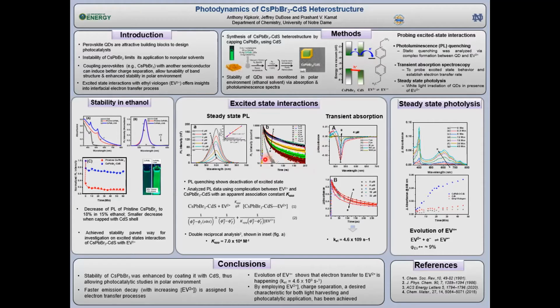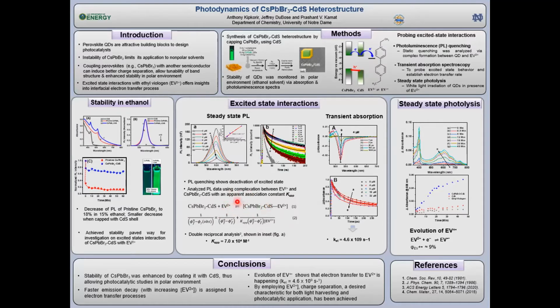So to see the kind of interaction between the semiconductor, the perovskite, and ethyl viologen, we evaluated it using a double reciprocal plot, because any linear dependence that you obtain from this plot tells you that the interaction you're having is formation of a complex at the ground state, where your semiconductor and the molecule that we are using to probe it, in this case the viologen, form a complex in the ground state.